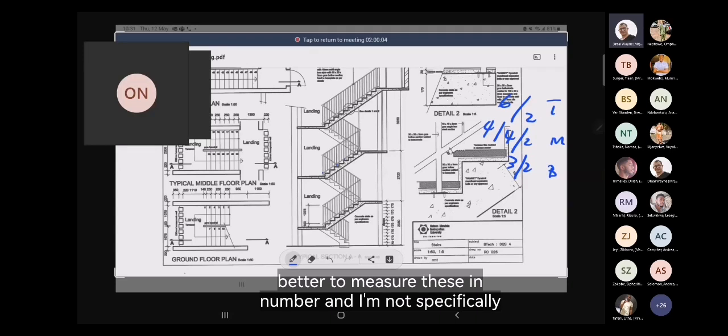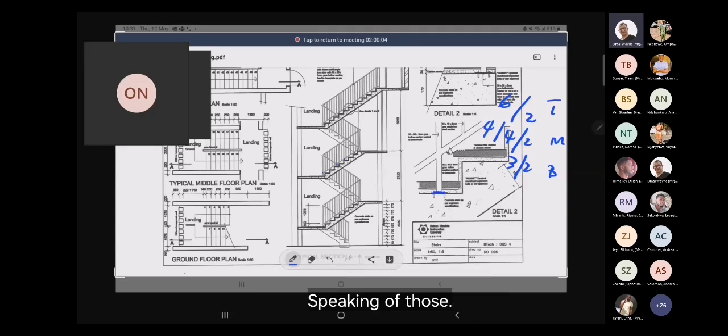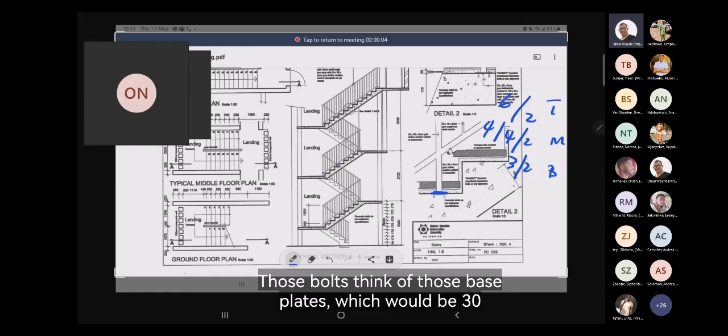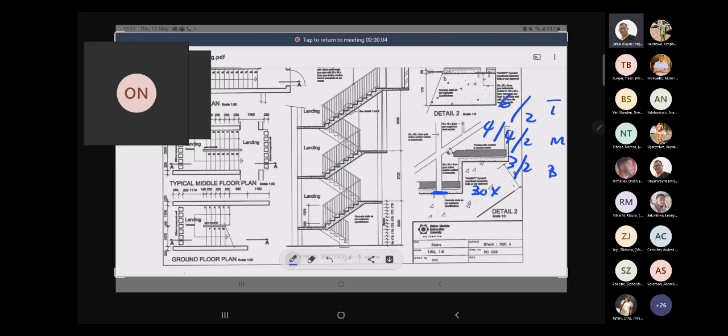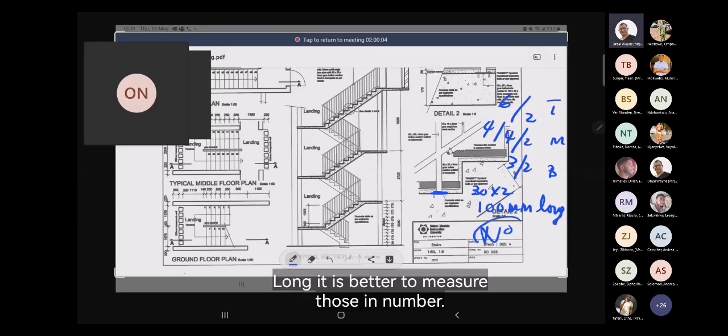I'm not specifically speaking of those bolts there, of those base plates, which would be 30 millimeter by 2, and they are 100 millimeters long. It is better to measure those in number.